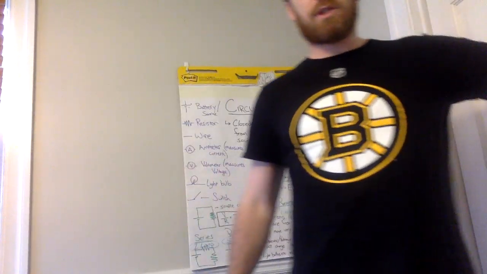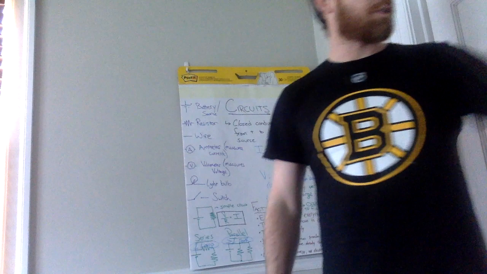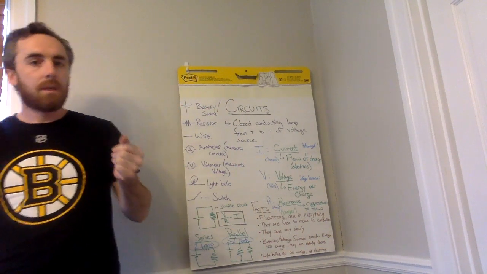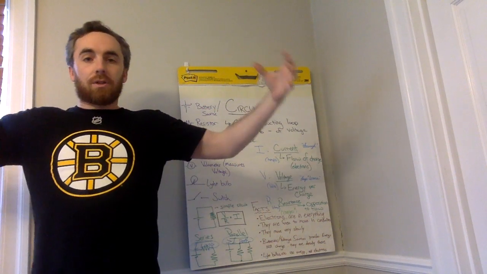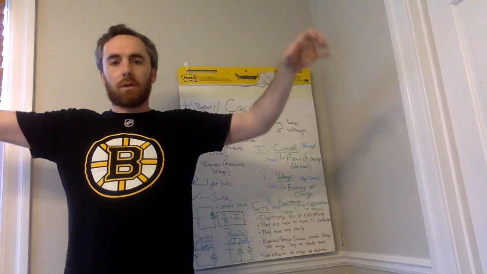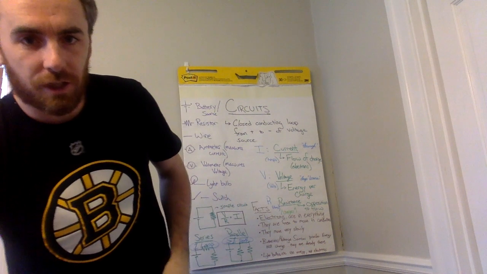If I turn this light switch off and turn it back on again, electrons do not rush from the light switch all the way to the light in that amount of time. What happens is, picture a tube of tennis balls. You have a tube of tennis balls and it's full, like one of those fresh cans of tennis balls.